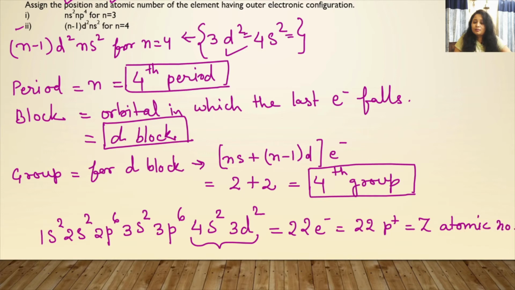So by writing the full electronic configuration, we will get the atomic number of the given element. So now, without hesitation, we can say the given configuration is the element having atomic number 22, and it belongs to d block, 4th period and 4th group. This is our full solution of this problem.